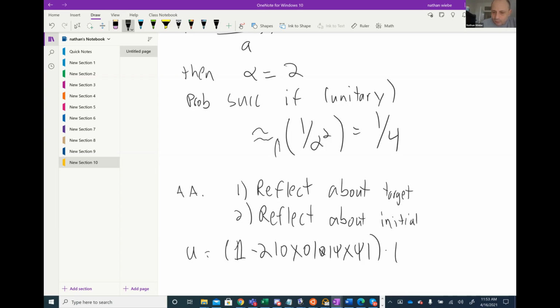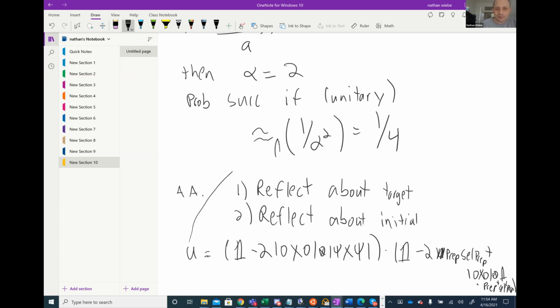And then we need to reflect about our target, which is of the form prep select prep dagger, |0><0| tensor identity, times prep dagger select dagger prep. So this is our amplitude amplification operator, which is just like the Grover search operator.